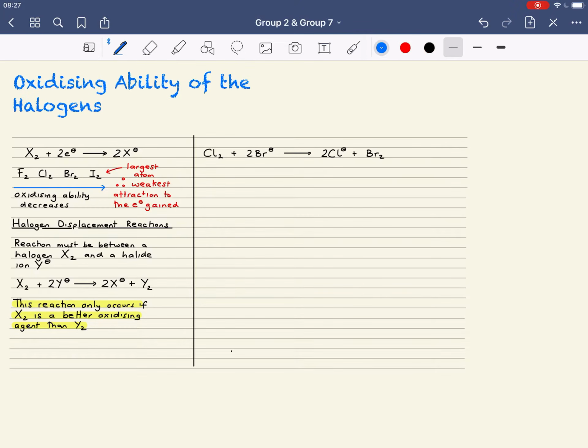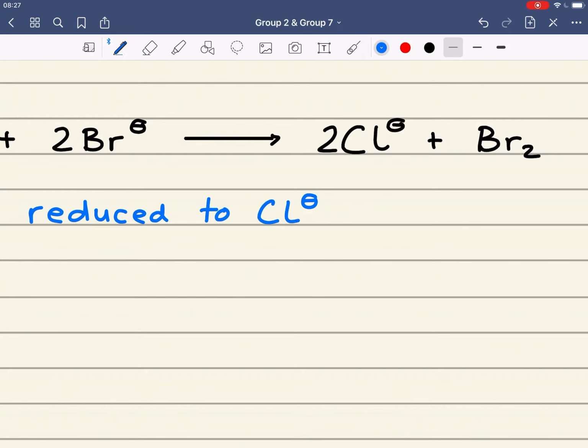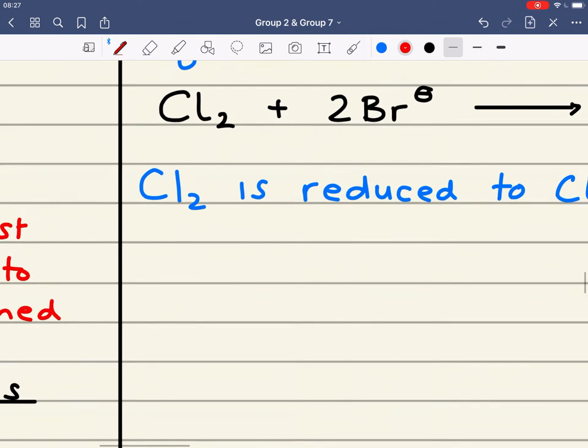And it's a redox reaction where the chlorine is reduced to chloride ions. We've got oxidation state 0, then an oxidation state of -1. When the oxidation state reduces, goes down, it's reduction.